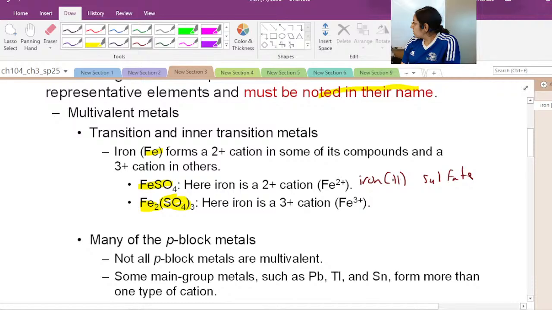And notice, now we're using a much easier naming convention as we just write the oxidation state in parentheses using Roman numerals. And then for this one, now we have iron(III) sulfate to make our distinction here between the two compounds.